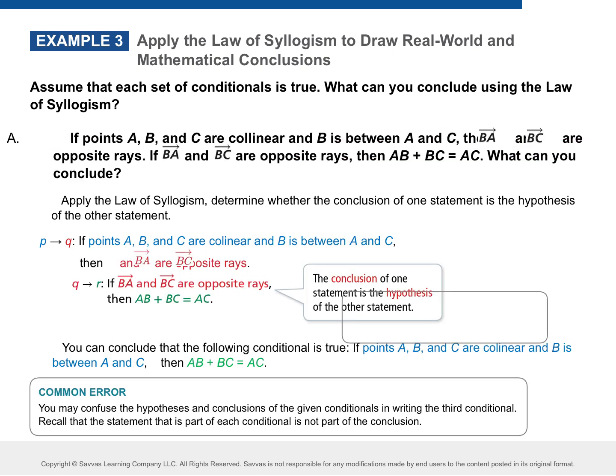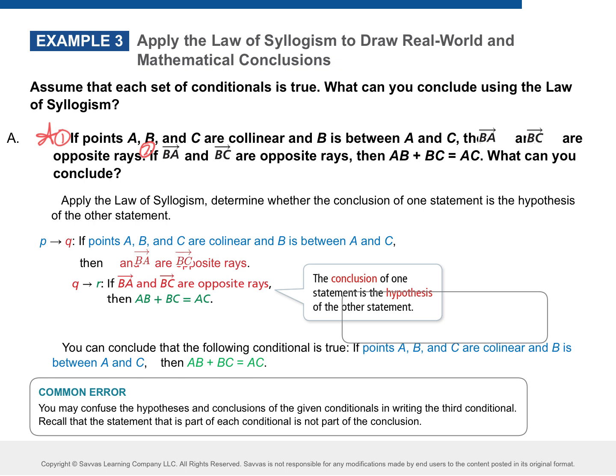This one, it says, here's my first one: if points A, B, and C are collinear. First of all, what does that mean? On the same line. Yep. Then BA and BC are opposite rays. And then the second one here: if BA and BC are opposite rays, then AB plus BC equals AC. What can we conclude? When it asks you that, we are trying to make one if-then statement.